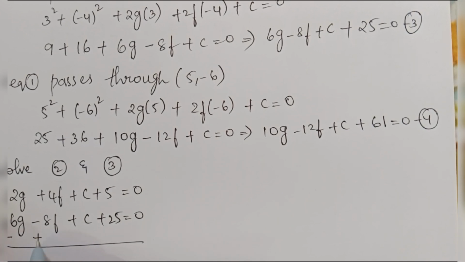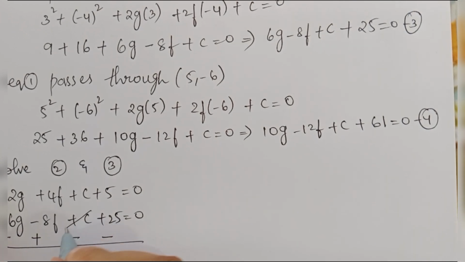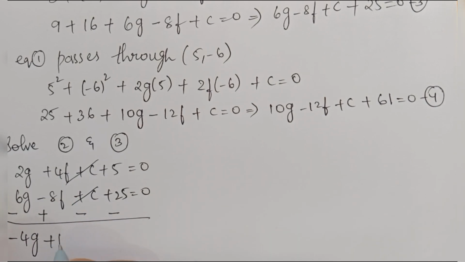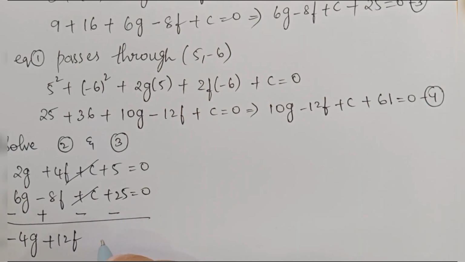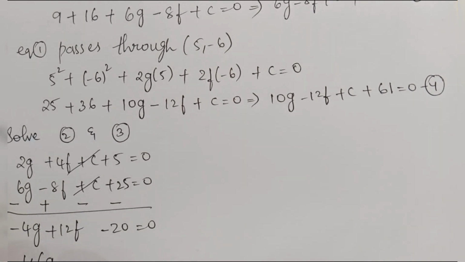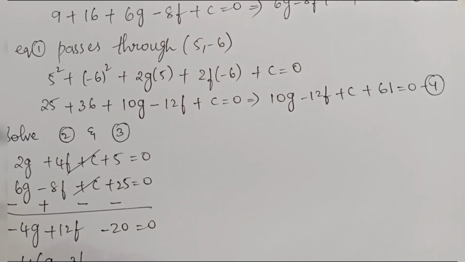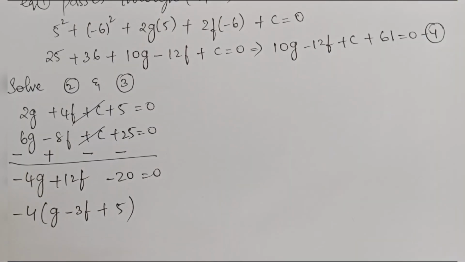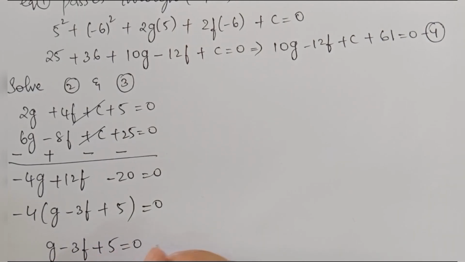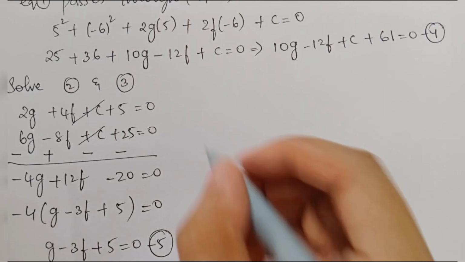The c gets cancelled out, we'll get minus 6 plus 2 will be minus 4g, and here it is plus 12f, and minus 20 equals to 0. We can take minus 4 common, so we'll get g minus 3f plus 5 equals to 0. Take it as equation 5.